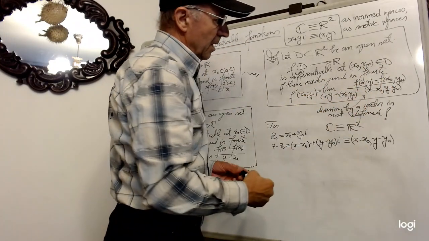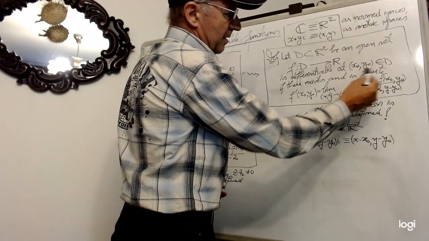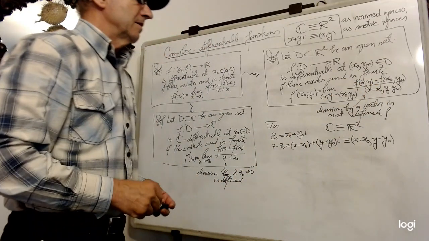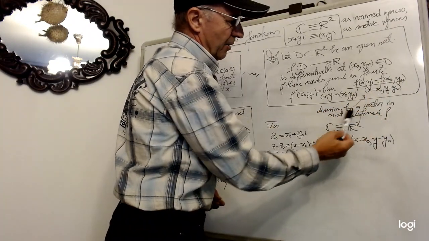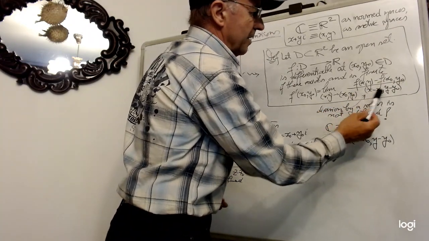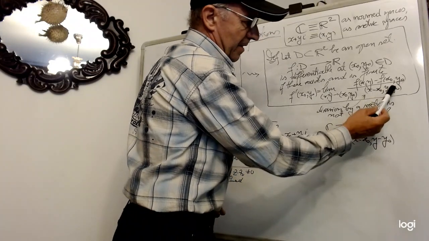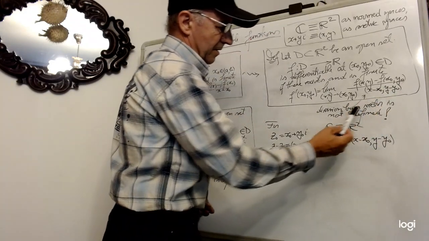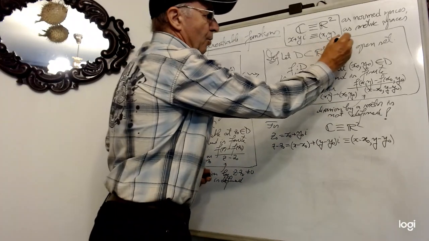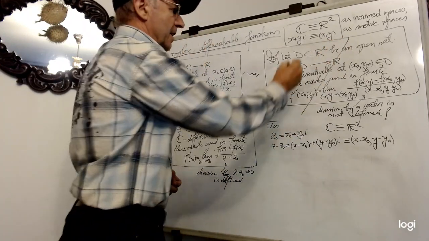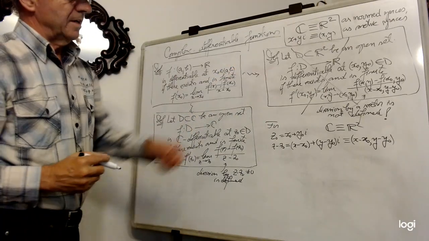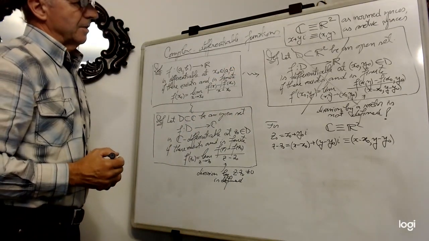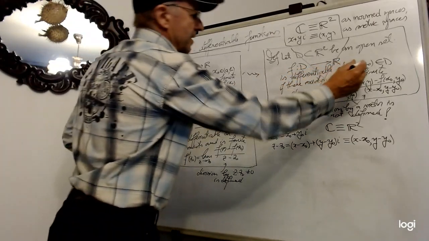We can see that this expression is not defined. We cannot divide by a vector. In this case, this is a vector.